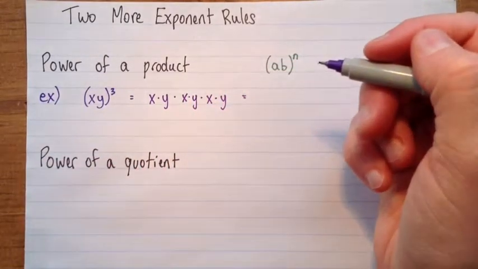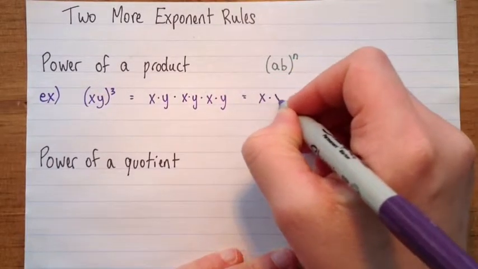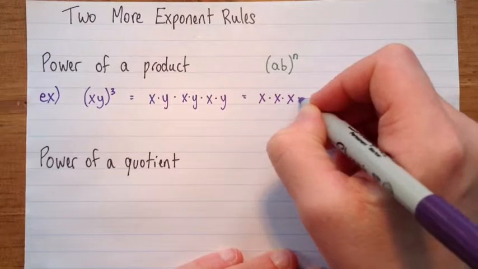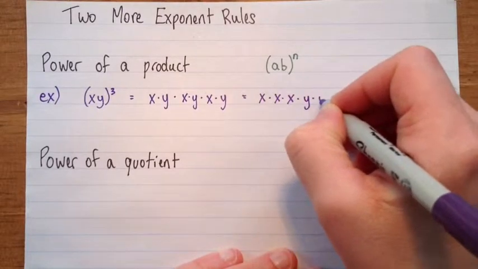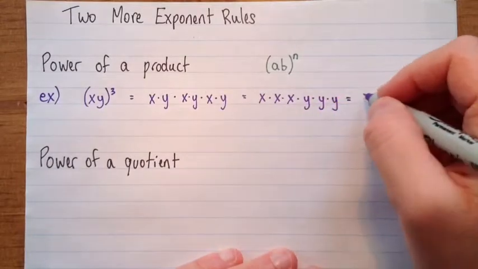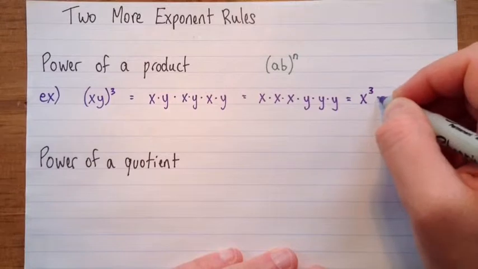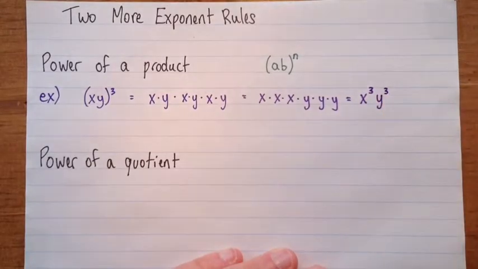Now we know when we're multiplying that we can multiply things in any order, so I'm going to regroup those and put all my x's together. I have 3 of them, and then I'll put my y's together. So I've got 3 x's multiplying, so that's x cubed, and then same thing for y, y cubed.